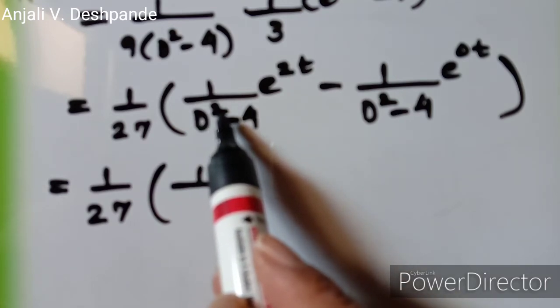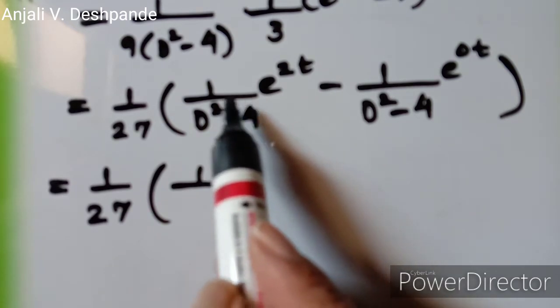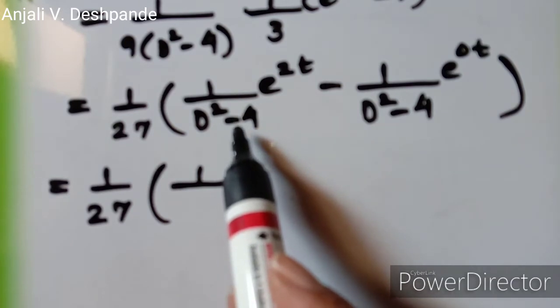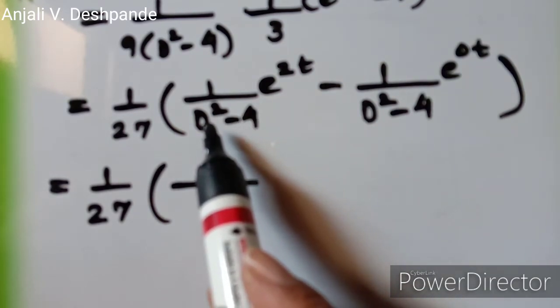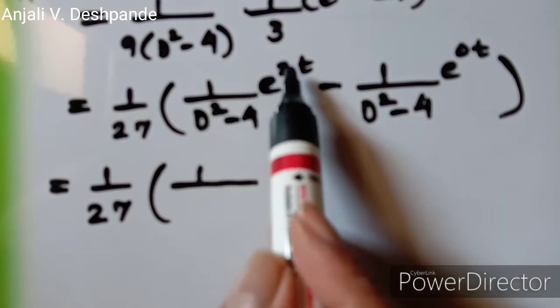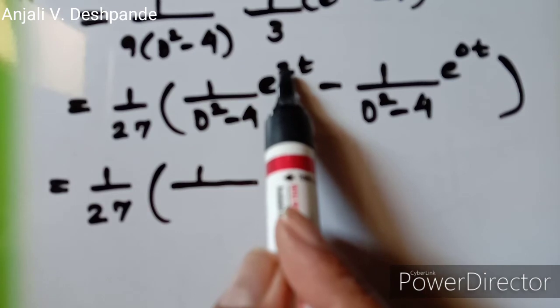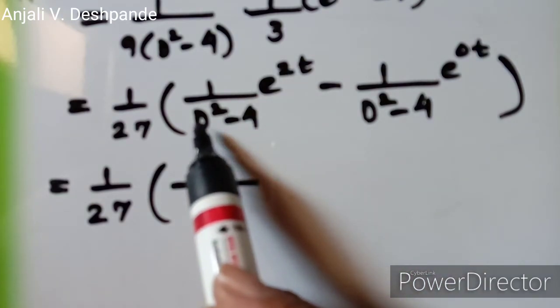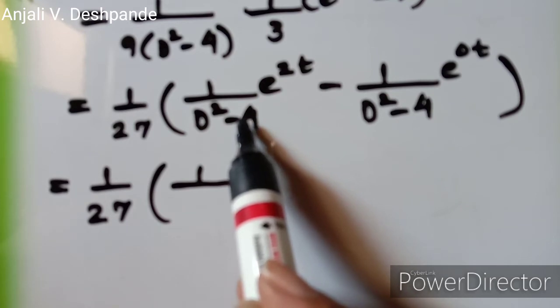So in that case we have to use the formula for when f(a) is equal to 0. That means after we substitute the value of a in place of D, in this example the value of a is 2. So if you put 2 over here, this becomes 4 minus 4, that is 0. So it is a case of failure.